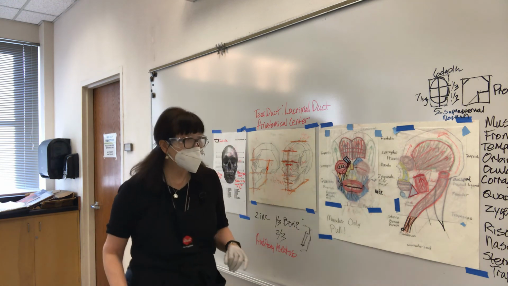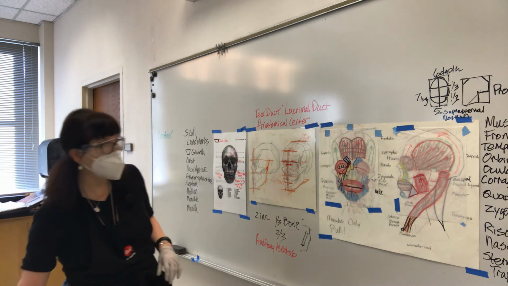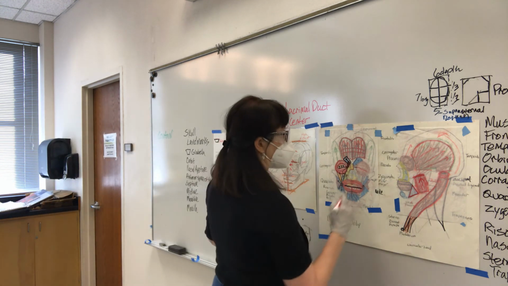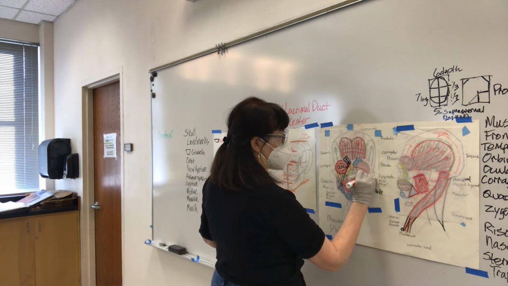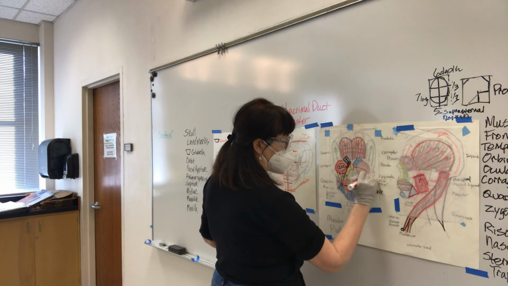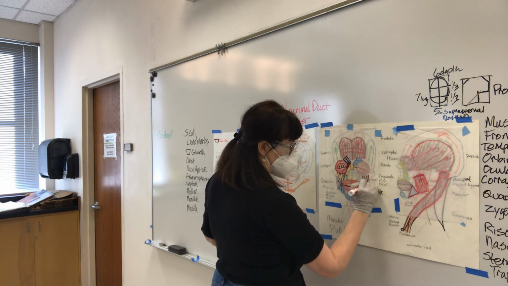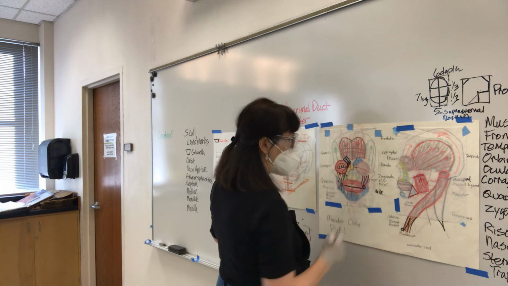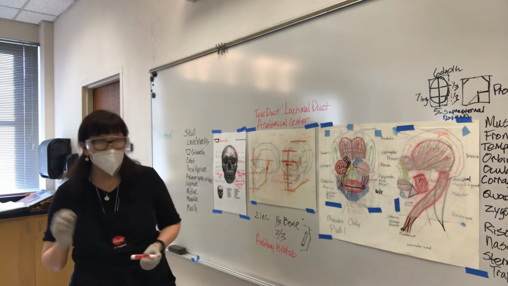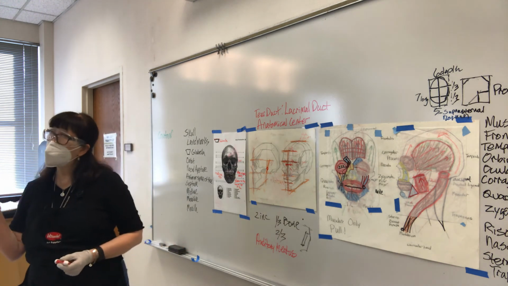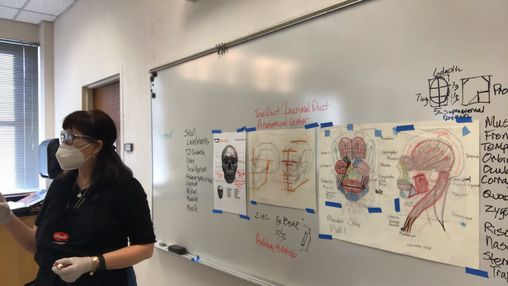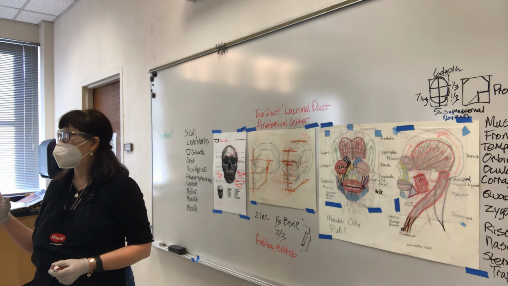Okay, now on this chart you can see, and I'll do it over here so you can see this easily. If you think about these 2 muscles, they're about the thickness of a rubber band.